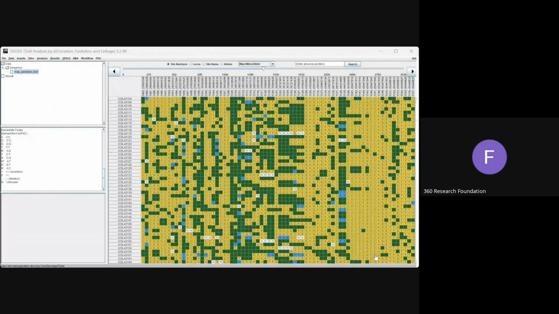So what is meant by linkage disequilibrium? Linkage disequilibrium is non-random association of alleles. So what is meant by non-random association? Yes, anyone? Non-random association of alleles means what?